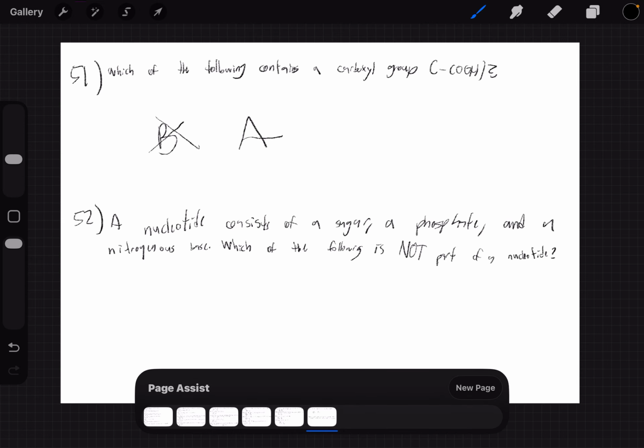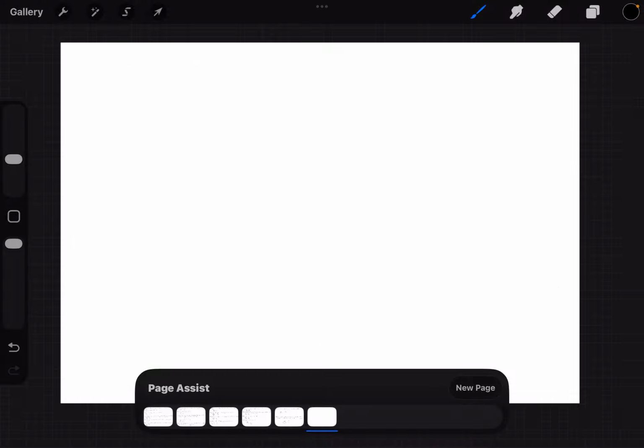So the last question states, a nucleotide consists of a sugar, a phosphate, and a nitrogenous base. Which of the following is not part of a nucleotide? So for this, I wrote D, which is nitrogenous base. I was actually wrong, and it was C, which is amino acid.